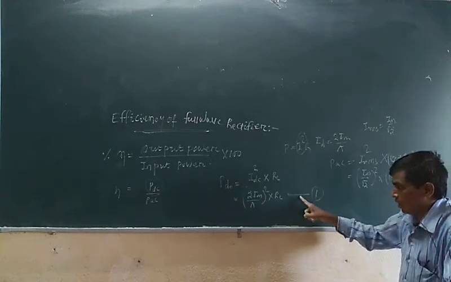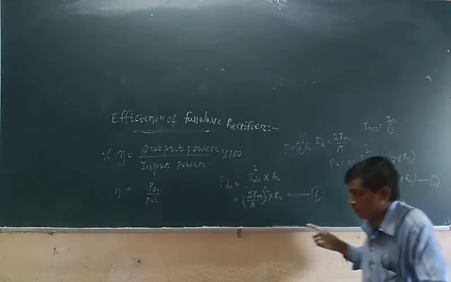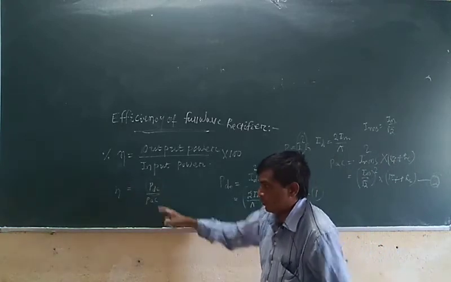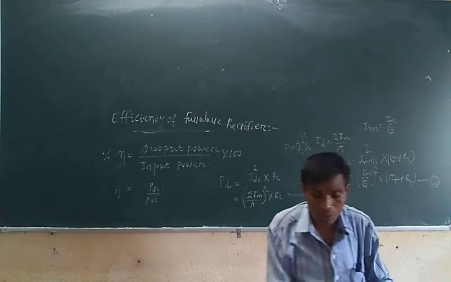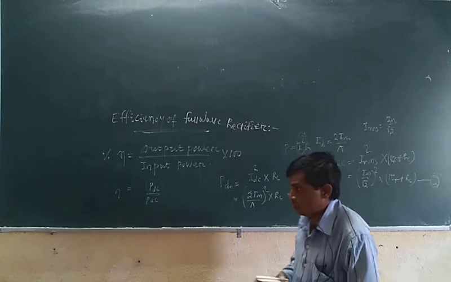Now equation 1 divided by equation 2, we can get PDC by PAC. Now we take its ratio.